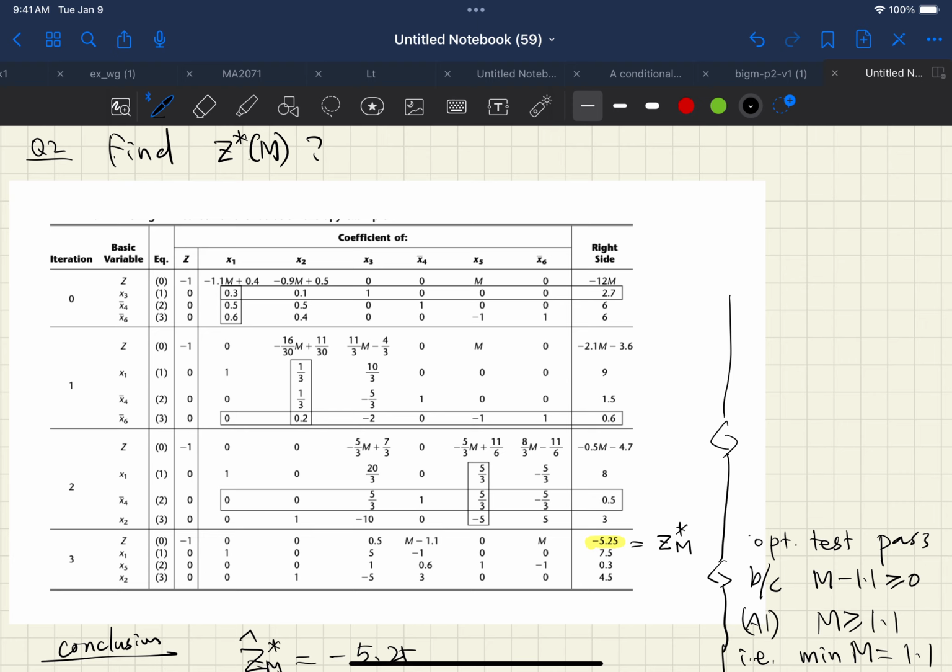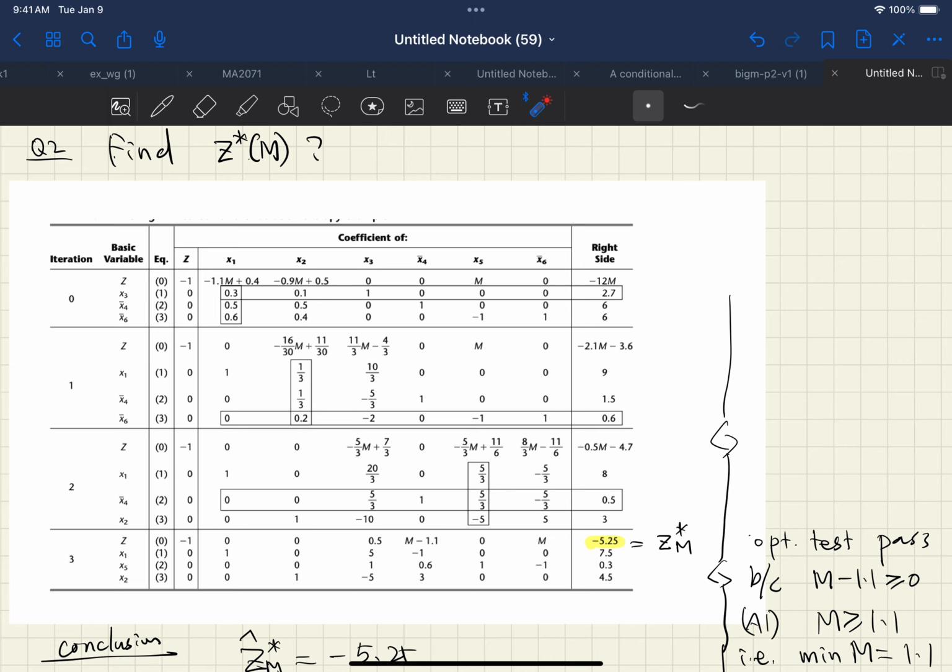For this question, we can look at the first row here. If M takes a range of numbers, then it will stop.